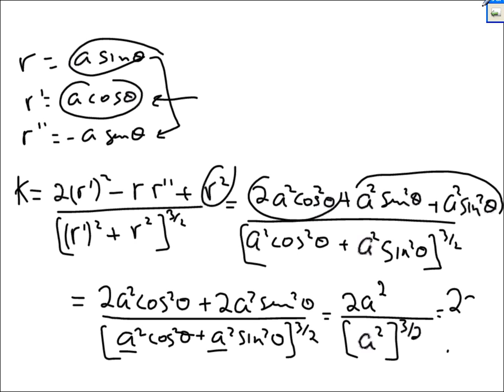So the numerator is 2a squared. The bottom, you multiply 2 times 3/2, and you get a cubed. And a squared goes into a cubed a times. And the final answer is 2 over a. The curvature is 2 divided by a. Tell me what a is, I'll tell you the curvature.